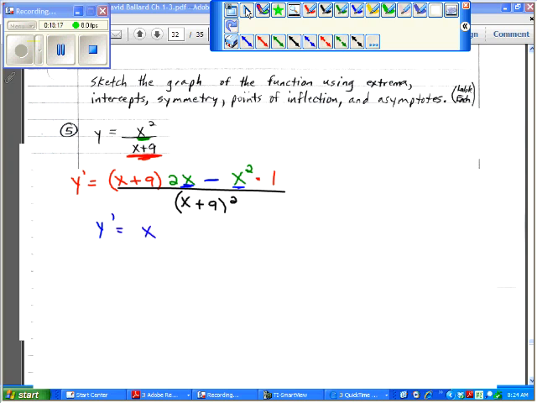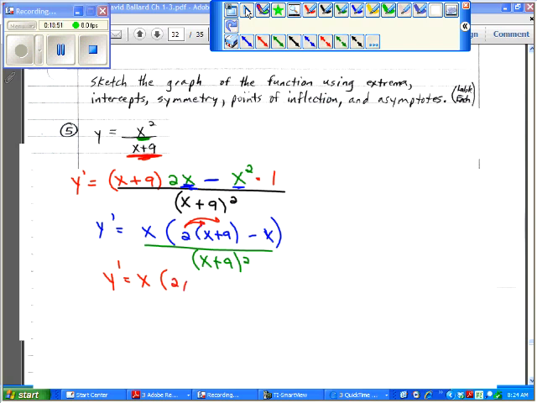We're going to have y prime equal to x times, and when you take that out, you have a 2 times x plus 9 left, and then a minus x, over x plus 9 squared.